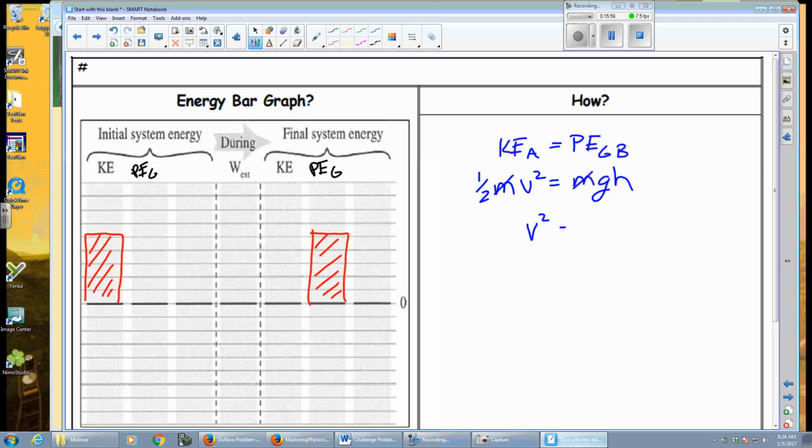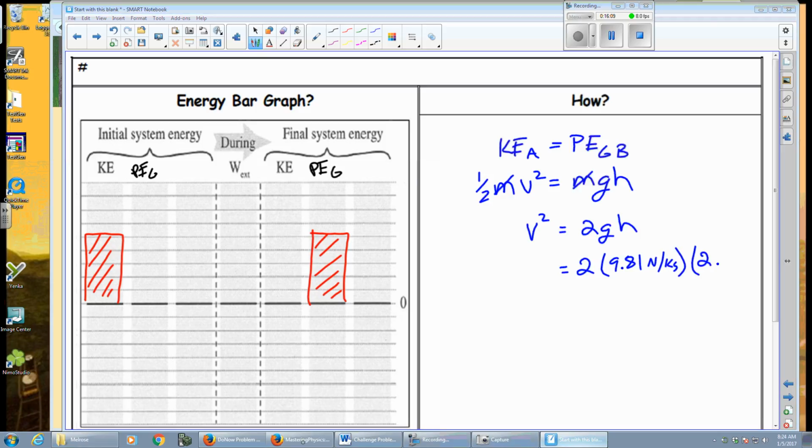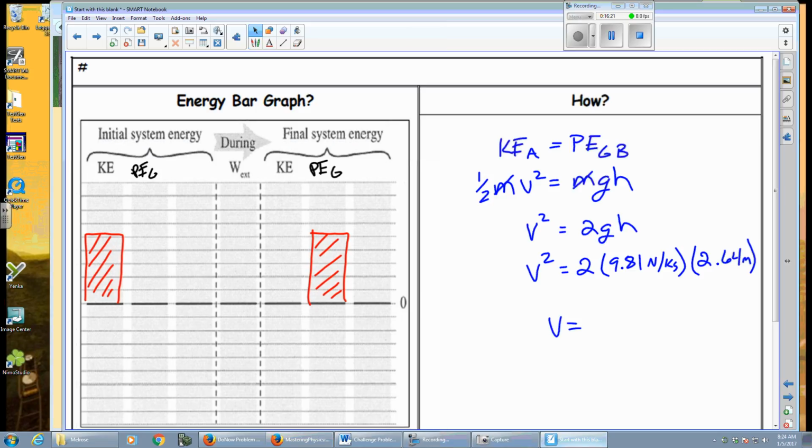I am recording. .64. Yay! Most common mathematical mistake will be not square rooting. Yep.